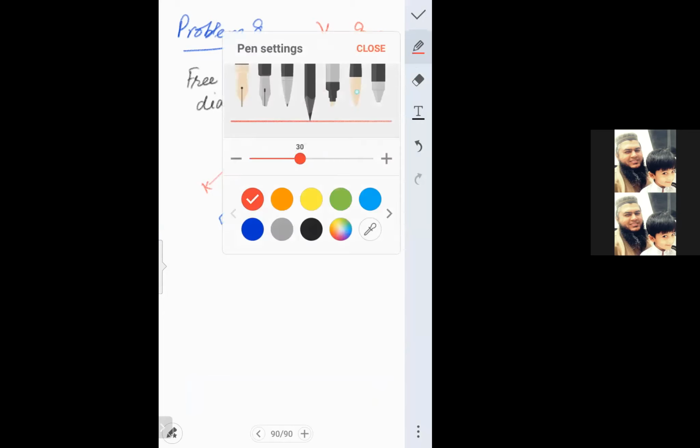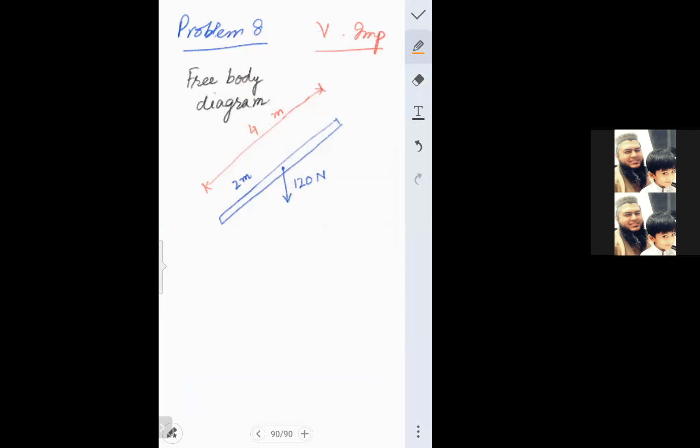Now there is a reaction force of the wall on the ladder, which is Fw. This ladder leans against the wall and rests on the floor with an angle of 70 degrees as given in the numerical. And there is another force, the reaction force of ground Fg, which is acting on the same ladder.